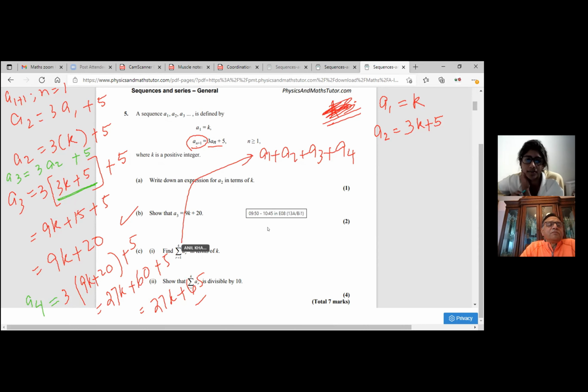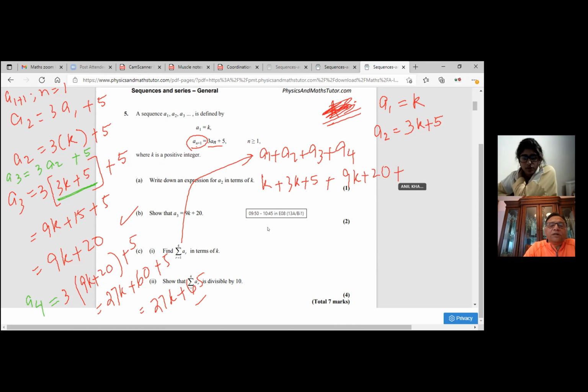Now, if you look into the pattern, A1 is K for you, so write everything in terms of K. So K plus A2, which is 3K plus 5. A3 is 9K plus 20.